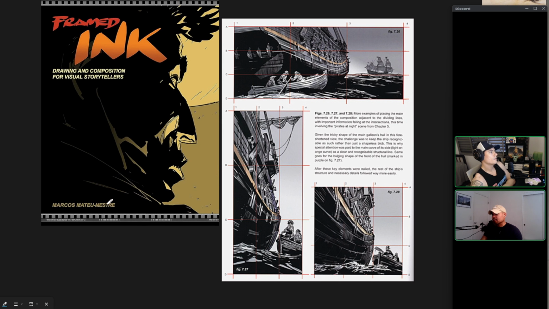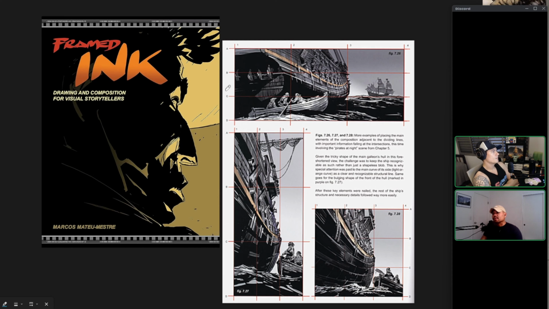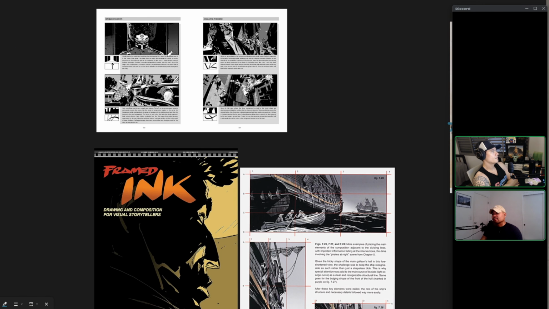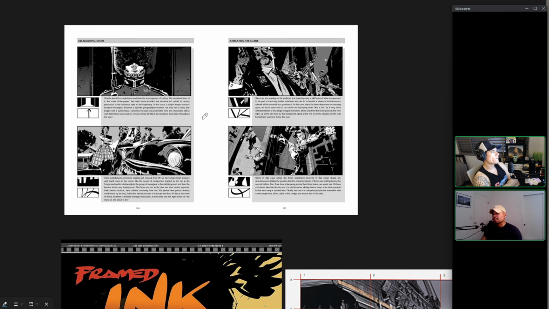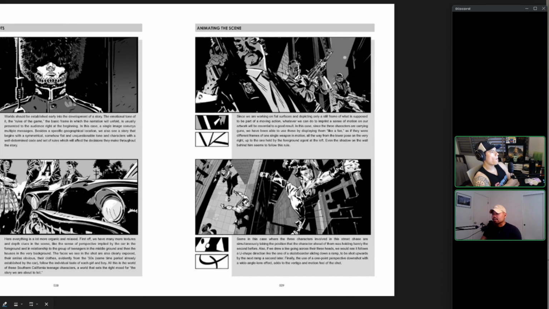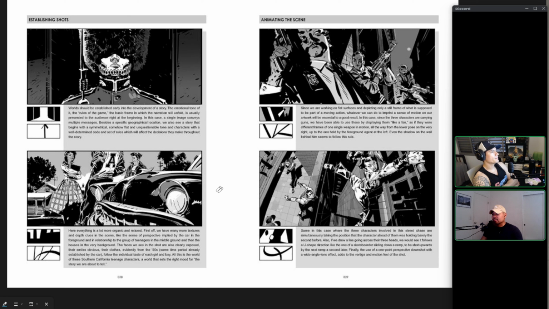Framed Ink by Marcos Mateu-Mestre. He basically breaks down everything in black and white, like traditional ink, but he uses digital. He breaks down different types of perspective and compositional elements. It's pretty easy to understand, as opposed to looking at a photograph for the first time.